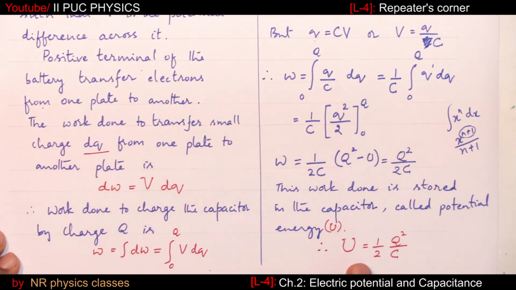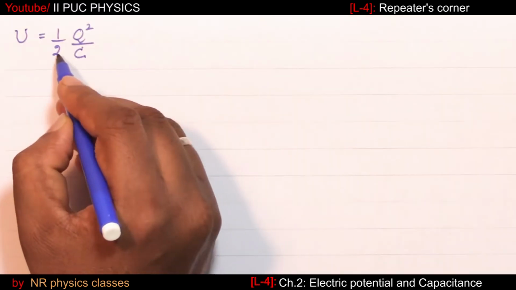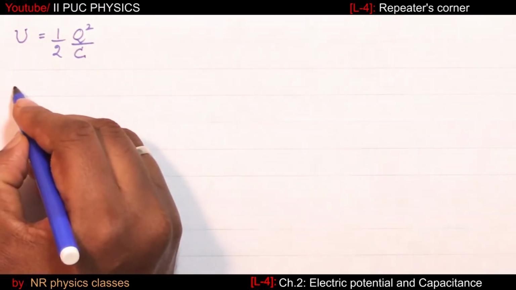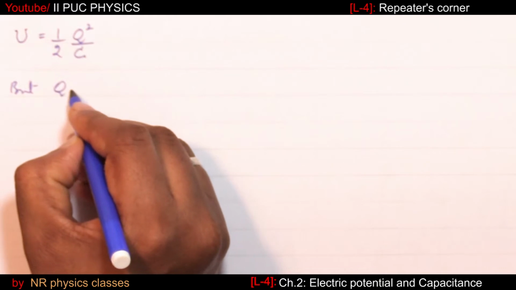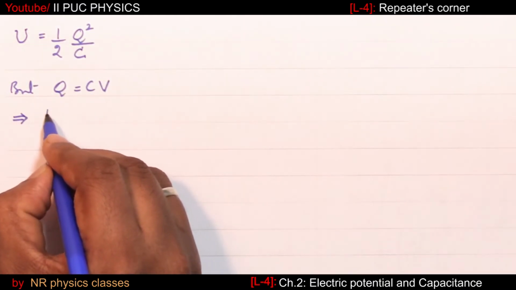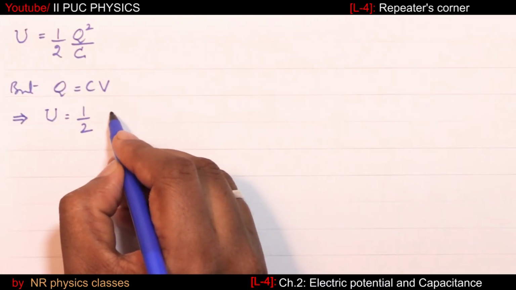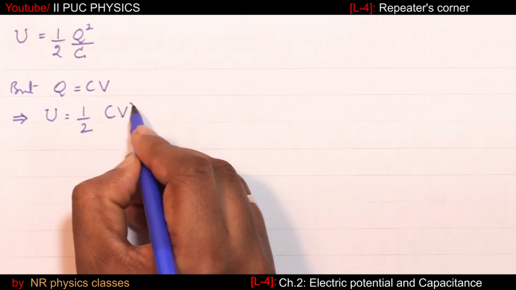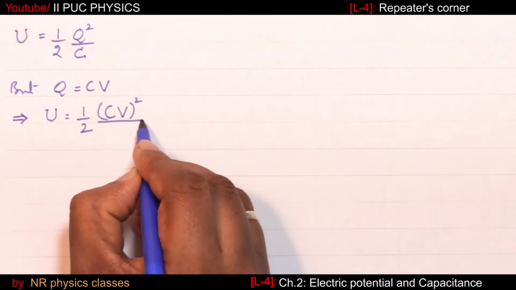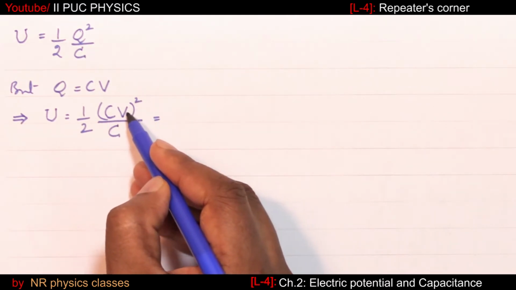Now, different forms of potential energy. This is the expression for potential energy in terms of charge and capacitance: half Q square by C. But Q equals CV, which implies potential energy equals half, in place of Q write CV, therefore (CV) whole square by C, equals C square V square by 2C.